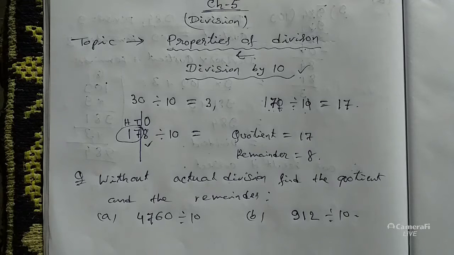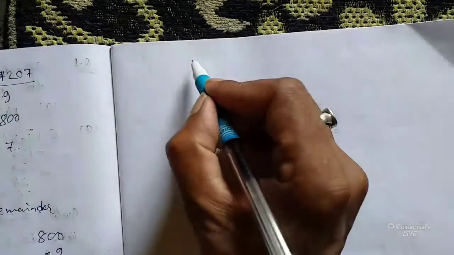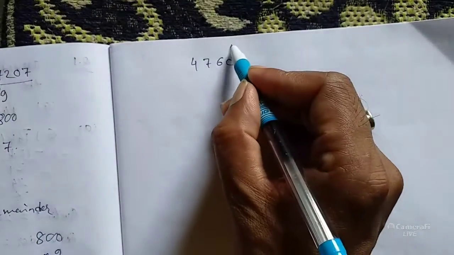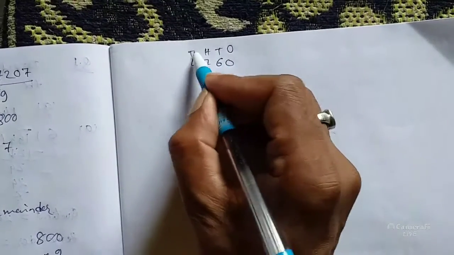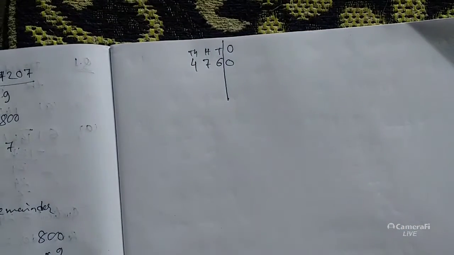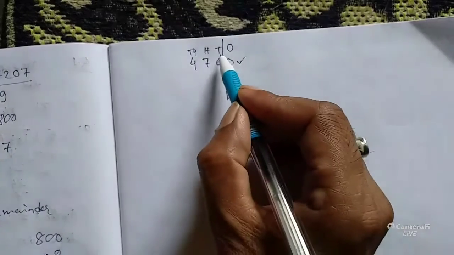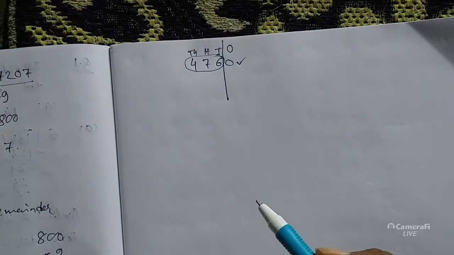So first one, the number 4760. In 4760, this is the ones place digit, tens place, hundreds place, thousands place. We will divide the number from here. Only the ones place digit will be the remainder. The other digits form the number which is the quotient.